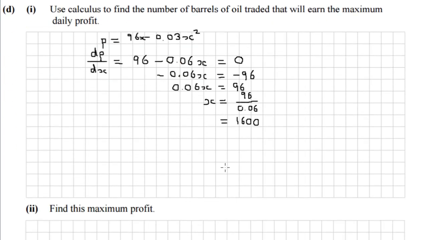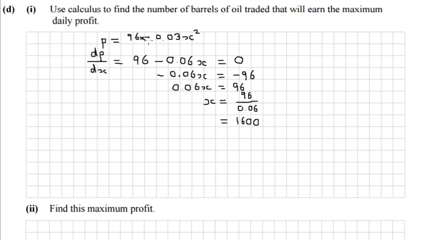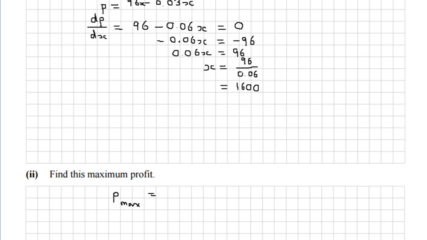Now, it's then asking us to find this maximum profit. Well, this is my profit function. I know the profit is maximized when x is 1600. So to find the maximum profit, I'm going to sub this value of x into that function. You could call it Pmax, the maximum profit. Again, I'm replacing my x here with 1600. You're going to have 96 multiplied by 1600 minus 0.03 by 1600 squared.